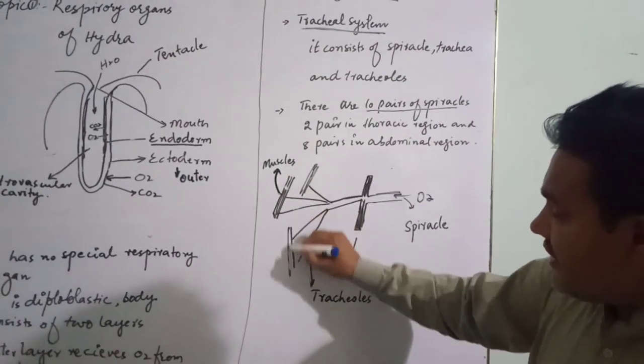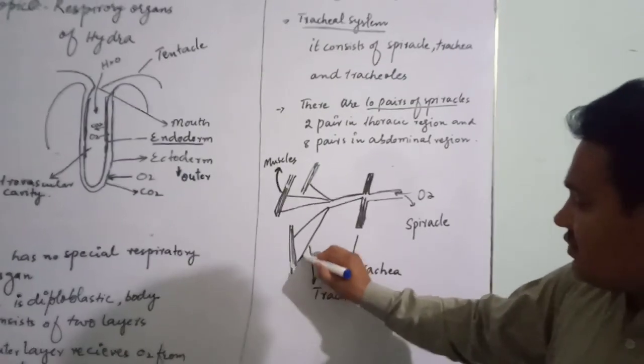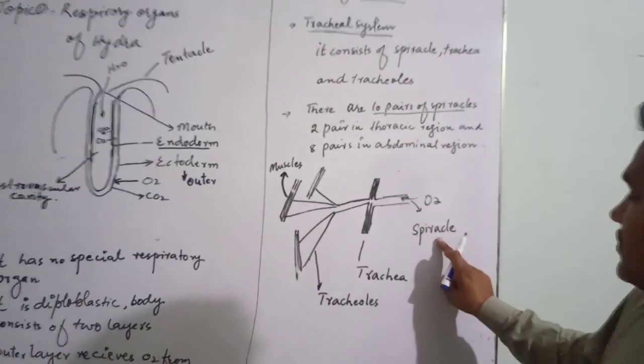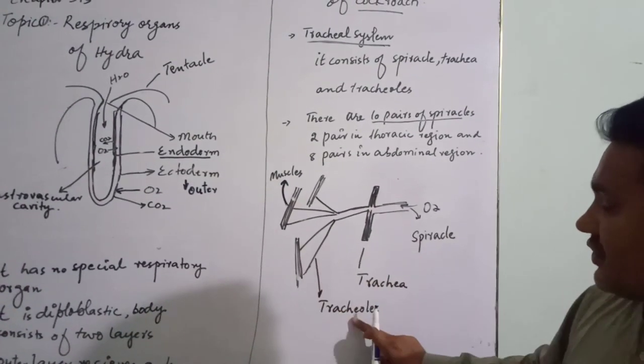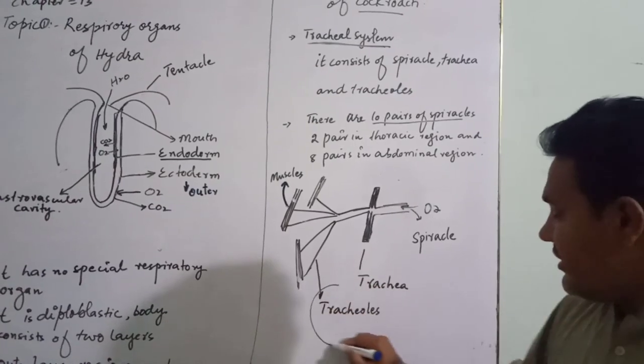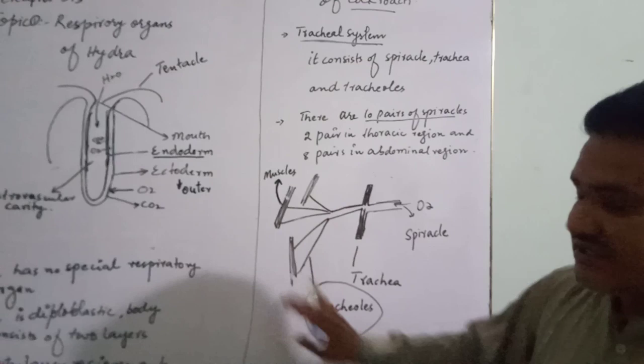I have drawn here. Oxygen enters through the spiracle, then trachea, then tracheoles. Here in tracheoles, exchange of gases takes place.